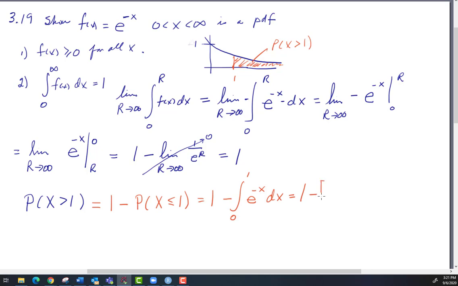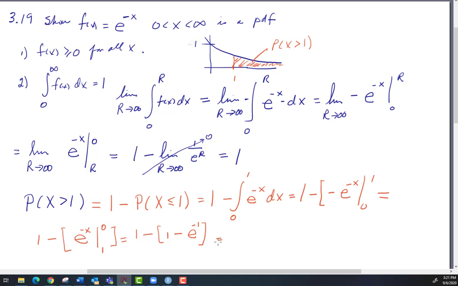minus, evaluate the integral, would be minus e to the minus x, 0 to 1, would be equal to 1 minus, I'll use the brackets again, e to the minus x, 1 to 0, would be equal to 1 minus 1 minus e to the minus 1, would be equal to, okay, now we can just finish this up.